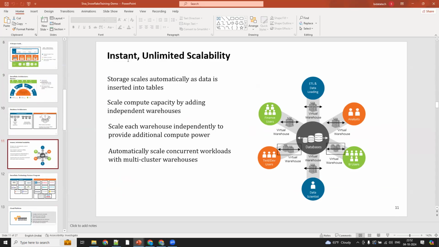Snowflake is making them available always. That is what they're saying: instant and almost unlimited scalability. Don't ask me whether unlimited means we can spin up any number of clusters here. No, it's not like that. Maximum 6x clusters, 1024 systems you can spin up. That's it. Not more than that.